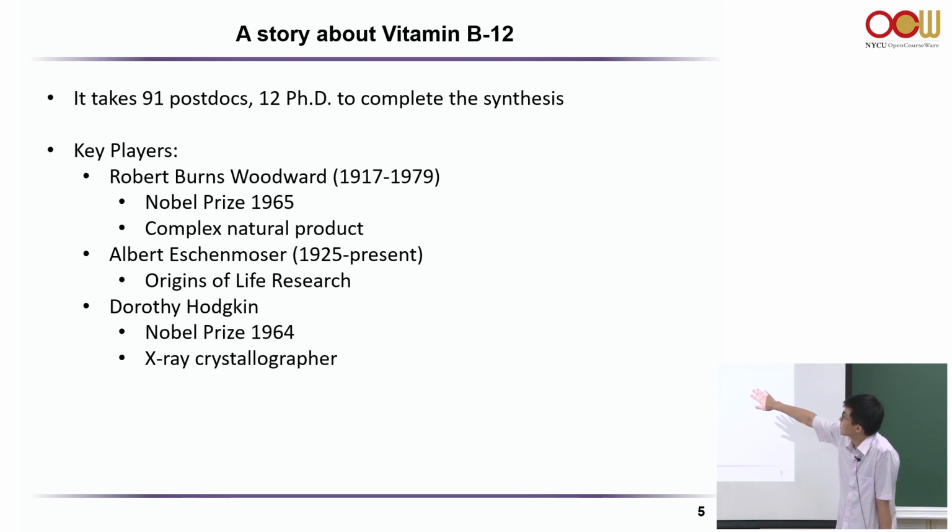The second person, Eschenmoser, pioneered this study in Switzerland, and after he accomplished the synthesis of vitamin B12, he focused on origin-of-life research. It is in fact a chemical subfield focused on figuring out the fundamental chemical reactions that may explain how life is created.